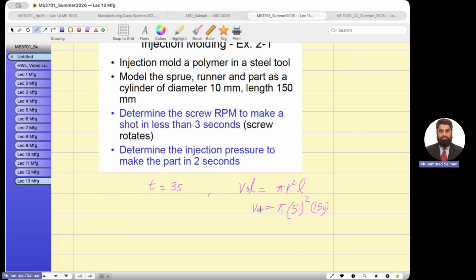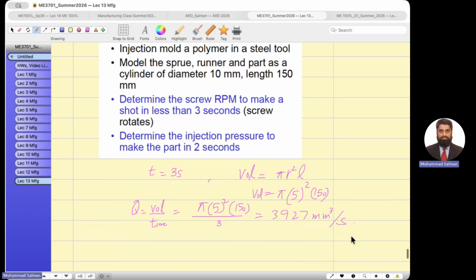This is the volume, and Q equals volume divided by time. So volume is pi times 5 square times 150, divided by 3, which is 3,927 millimeter cubed per second.